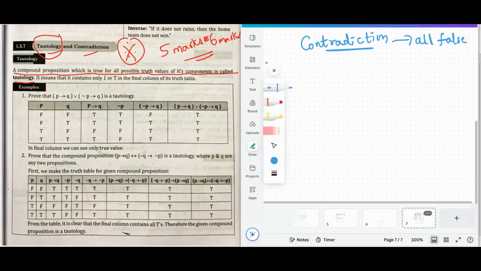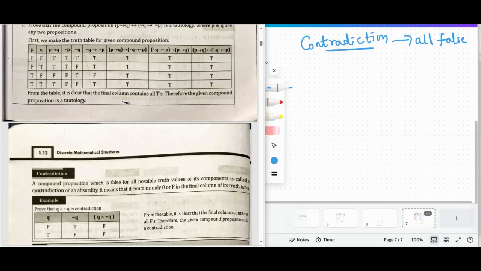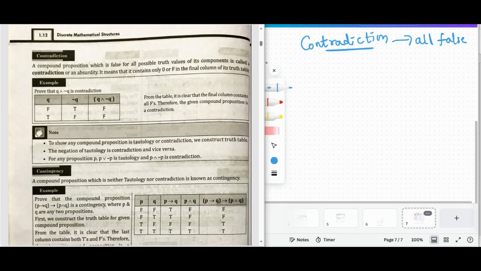If all the values are false, it is called a contradiction; if all values are true, it is called a tautology. The definition: a compound proposition which is false for all possible truth values of its components is called a contradiction. We'll take one example and prove it.